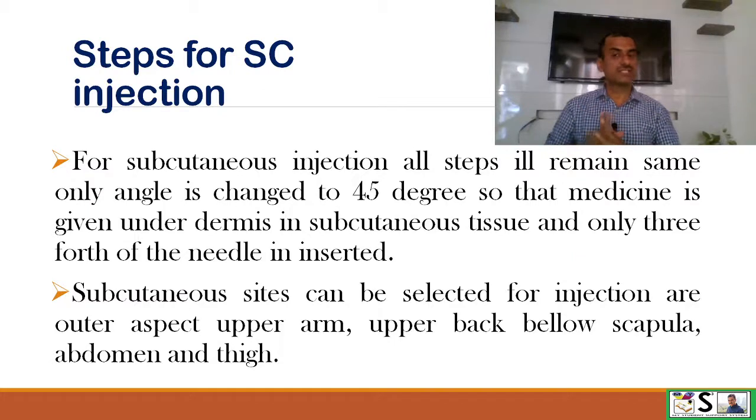In subcutaneous injection, a 45-degree angle is used, so the medication goes below the dermis into the subcutaneous tissues. And keep in mind we insert only 3/4 of the needle, so that it will not go deep into the muscle.